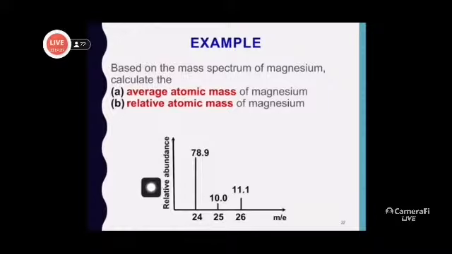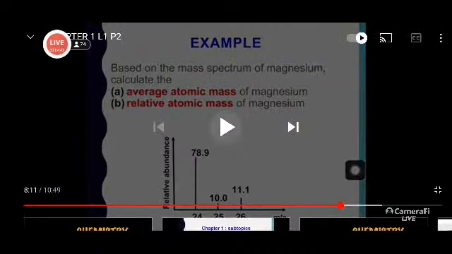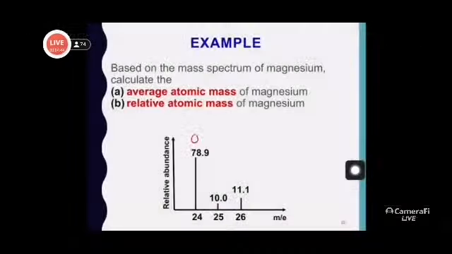Each height of line indicates the abundance, which is Q: 78.9, 10.0, 11.1. Itu Q. Jangan tertukar dengan mass. So this is Q1, this is M1. This one is Q2 and M2. And the last one is Q3 and M3.